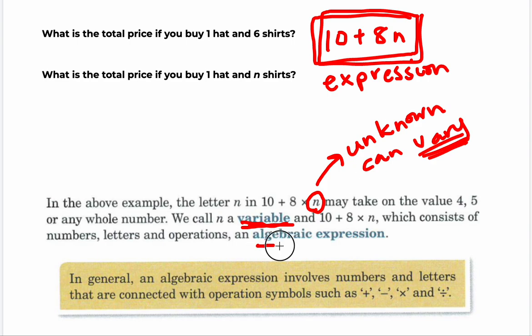So these 2 words should go into your notebook: algebraic expression and variable. Variable is a fancy word for the letter that you're using to represent an unknown, and expression is this entire group of numbers, letters, and operations that are working together to express what's going on in a situation.